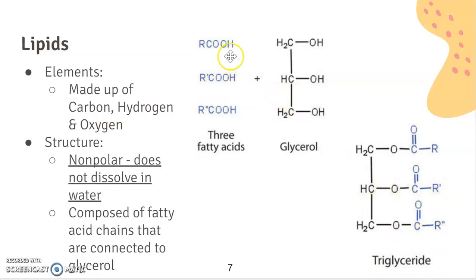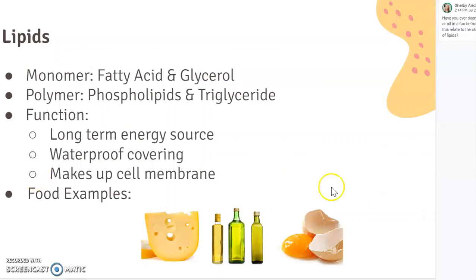Okay, so here our monomers are three fatty acids and a glycerol, and then those together would make a triglyceride, which would be the polymer. All right, we take a bunch of triglycerides and put them together, and that would be making our lipid. So it's just kind of like we're building upon these different terms to eventually make up the macromolecule.